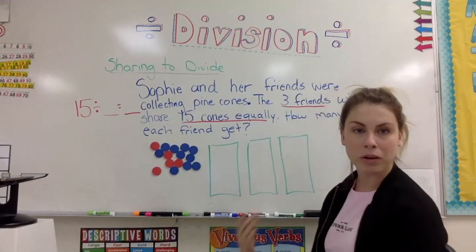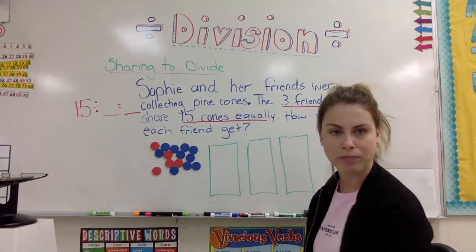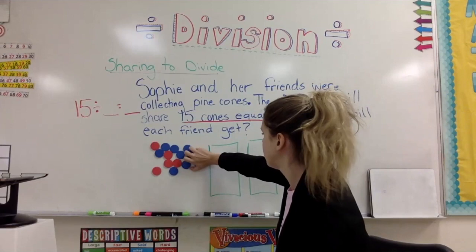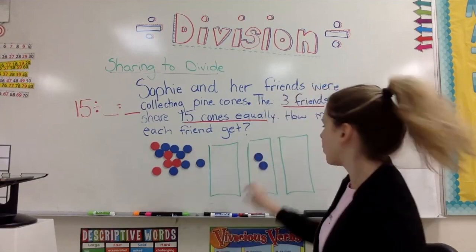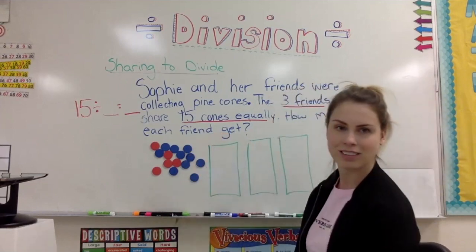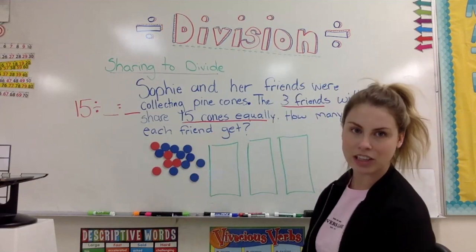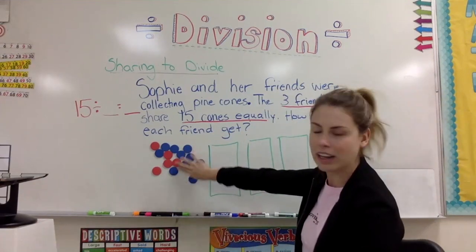Now, when we were dividing out Kip and Ophelia's treats yesterday, how did we do that? Did we just take a bunch and put them in one spot? No, we did it one at a time. Do you remember why we did it one at a time? You're right, so that we can make sure they each get the same amount. So we're going to do one at a time until we have none left.